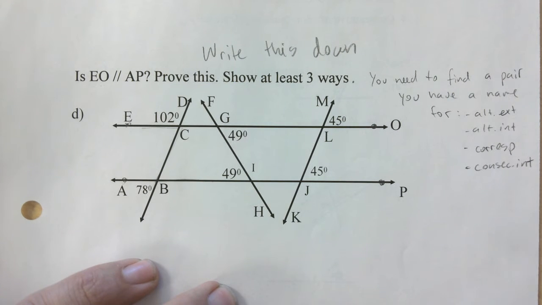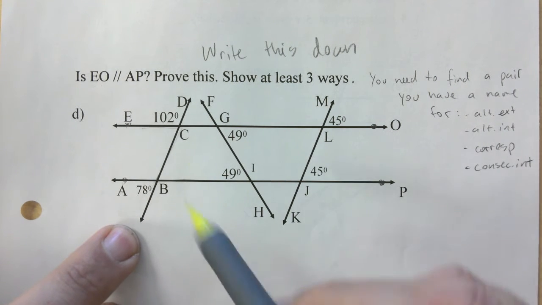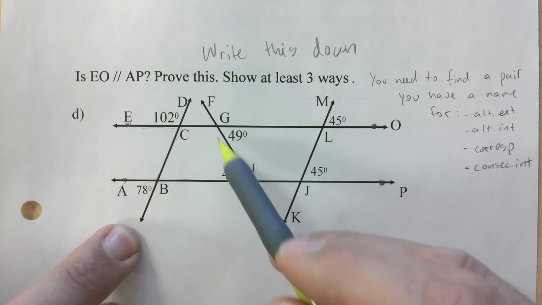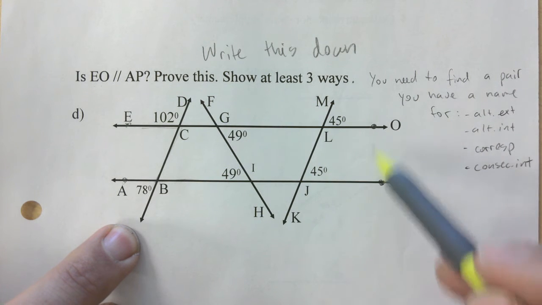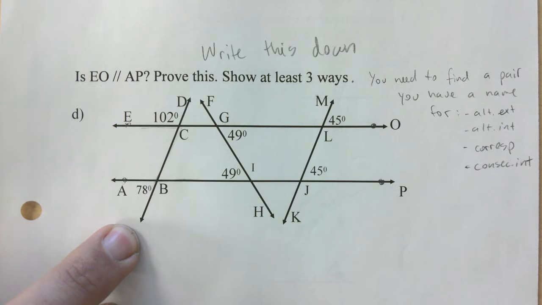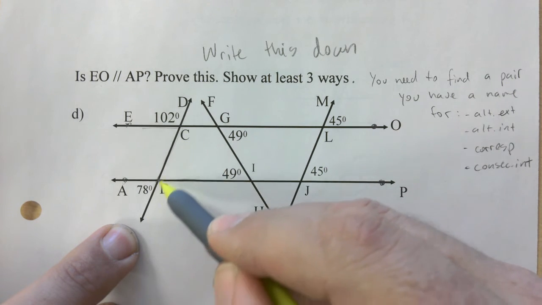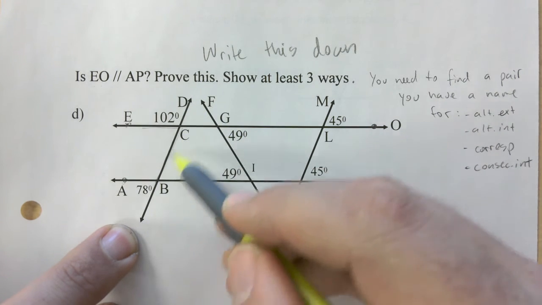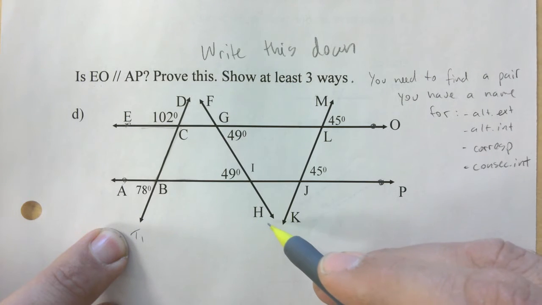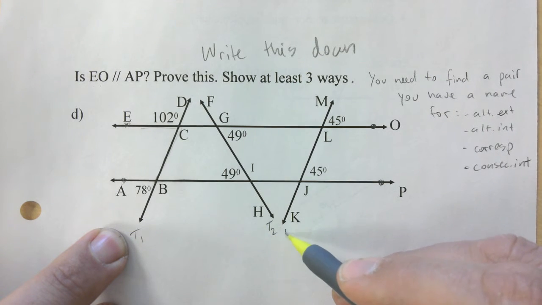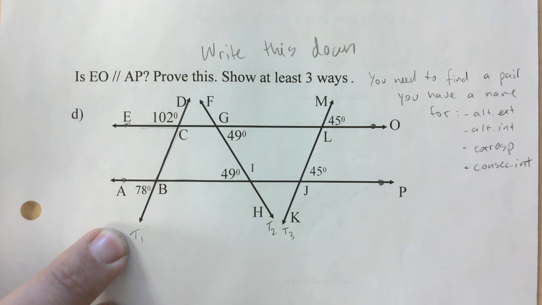Okay, so let's start. There are a number of transversals crossing through these two lines that we're looking at. So let's focus on one transversal at a time. This is the transversal that we're looking at now. We can call this T1, this T2, and this is T3, so our three transversals.